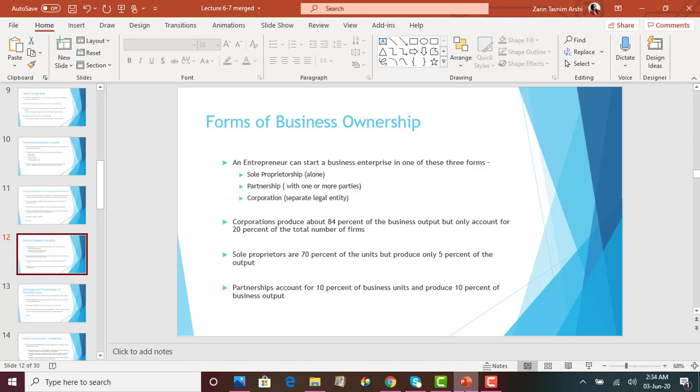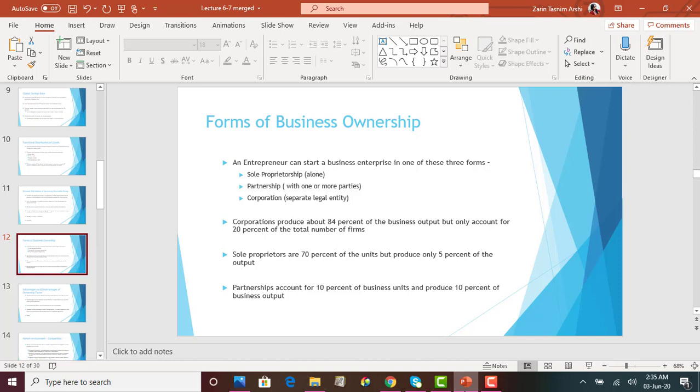You might have ownership in the corporation, but your personal assets and liabilities are separate from the corporation. But in case of sole proprietorship and partnership, it's also part of your personal assets and liabilities. Okay, so corporations are large, sole proprietorships are very small in size, and partnerships are somewhere in between.